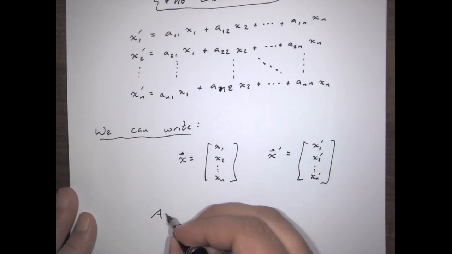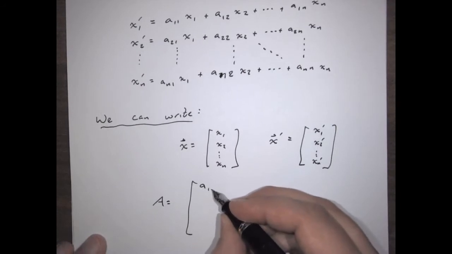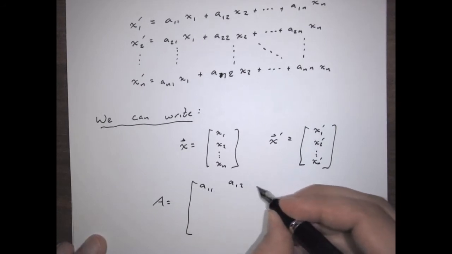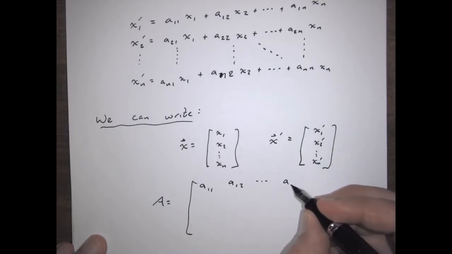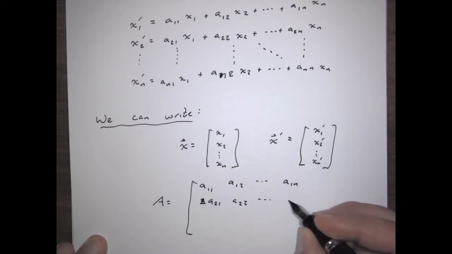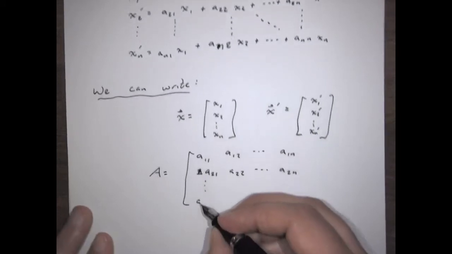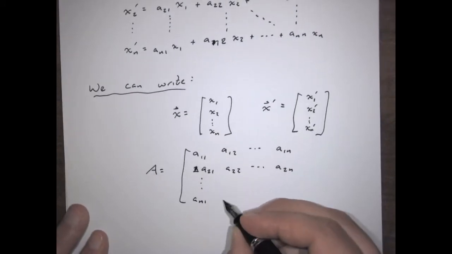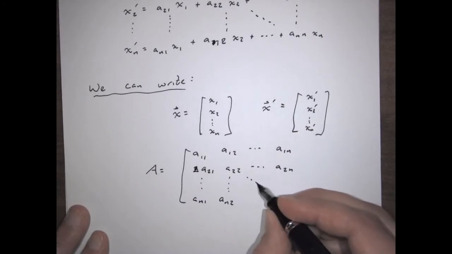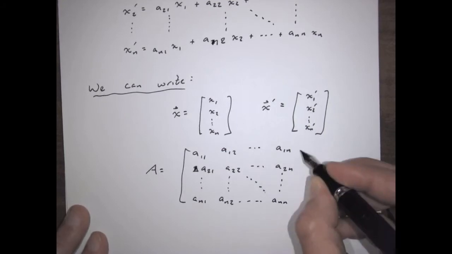We can write A to be the matrix made up of all the little a's, all the coefficients: a11, a12 dot dot dot a1n, a21, a22 dot dot dot a2n, down to an1, an2 dot dot dot ann.